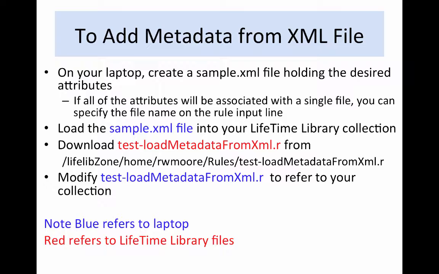Load the sample.xml file into your lifetime library collection. Download the rule testLoadMetadataFromXML from lifelibzone/home/rwmoore/rules/testLoadMetadataFromXML.r. Modify the rule to refer to your preferred collection location. You can execute the rule using the iDrop web browser or using the iRule command.